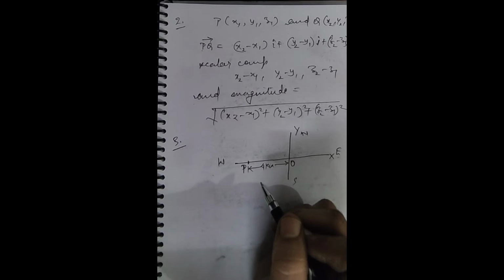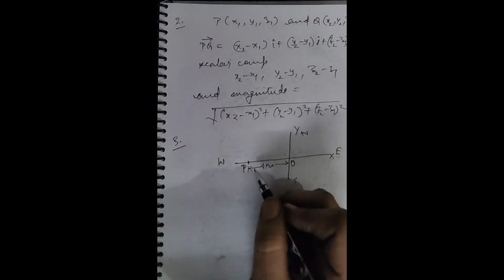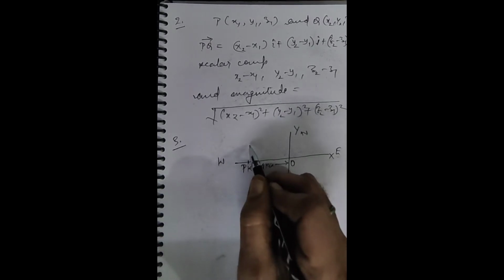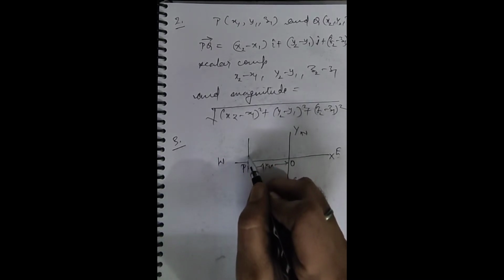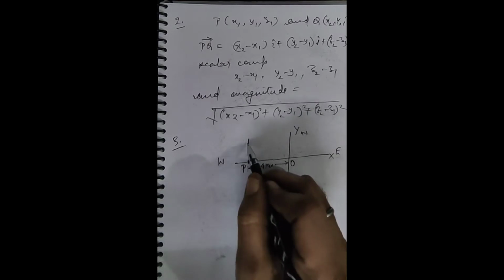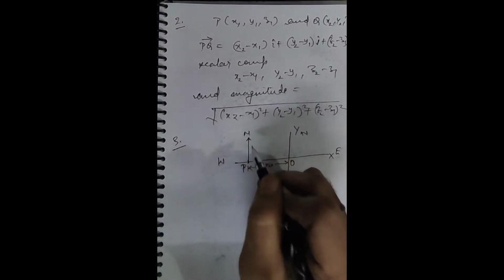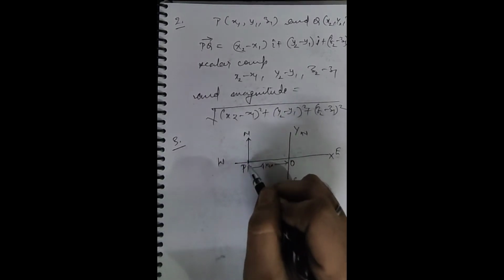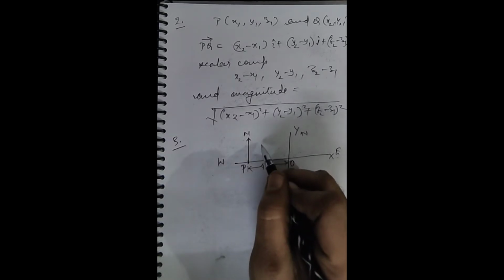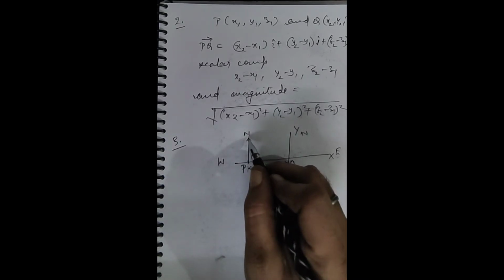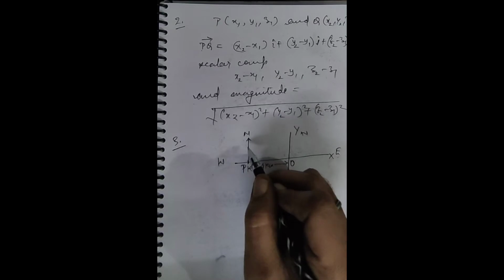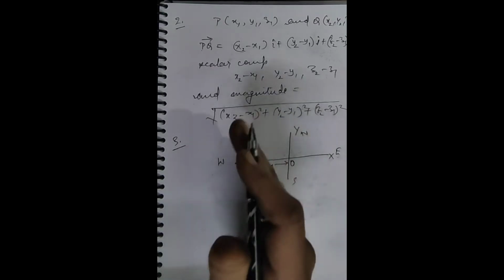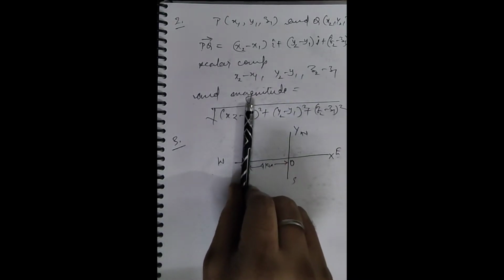It said that she walks 3 kilometers in the direction 30 degrees east of north. So at this point we again draw a line parallel to the y-axis to show the north direction. The girl is walking towards a direction which is at a 30 degree angle with this north direction, and towards the east, which is the right hand side of north.